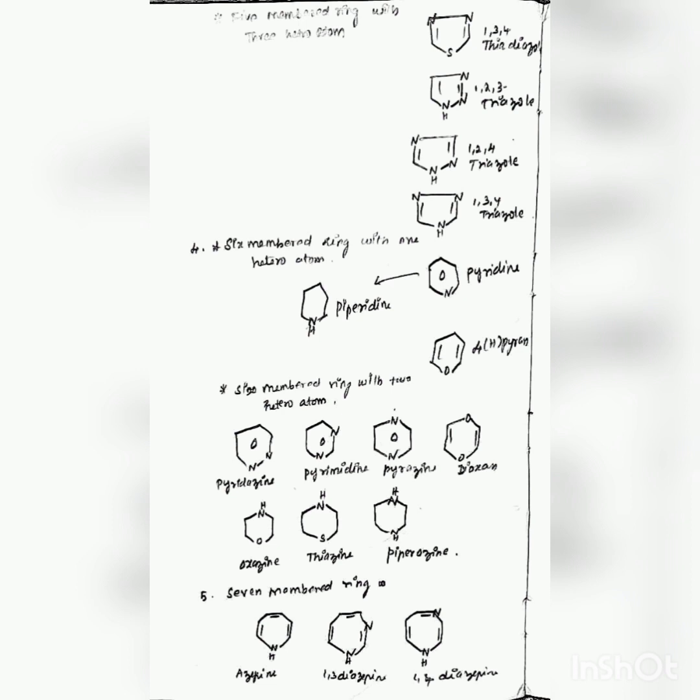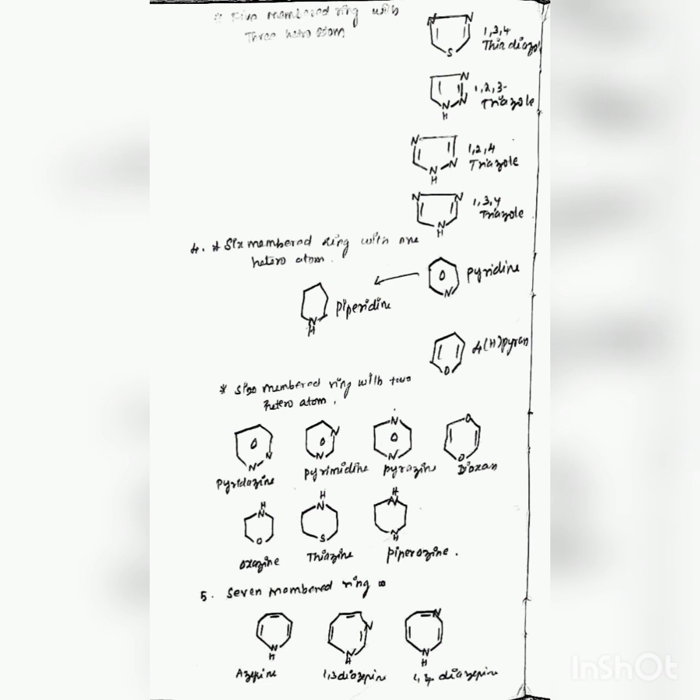The compound is known as piperidine. In place of nitrogen, if oxygen is present, then it is known as pyran. Here, in the fourth position hydrogen is present, hence it is called 4H-pyran. This is the 6-member ring with one heteroatom. The examples are pyridine, piperidine, and 4H-pyran.